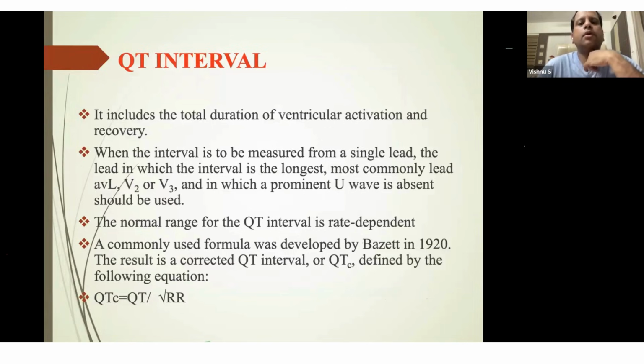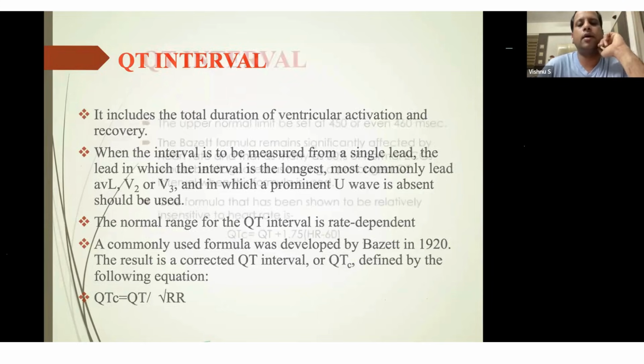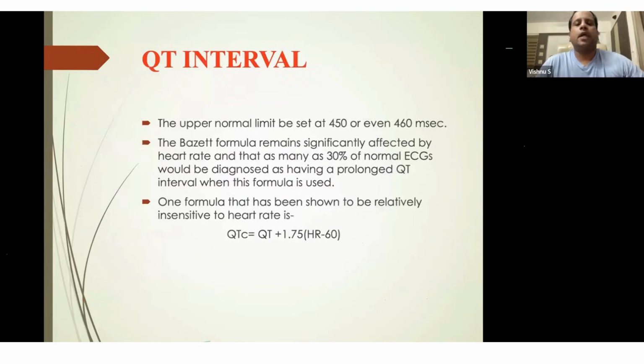Then you have to calculate from the Q wave to the end of the T wave, excluding the U wave, and correct it for the heart rate using any one of the formulas which are easily available in mobile apps, either Bazett's formula, Fridericia formula, or Hodges formula. Usually the upper limit of normal is set between 450 to 460.